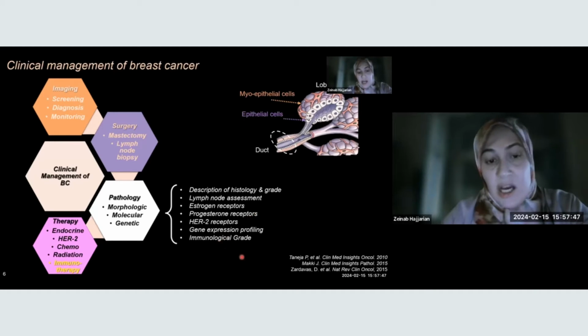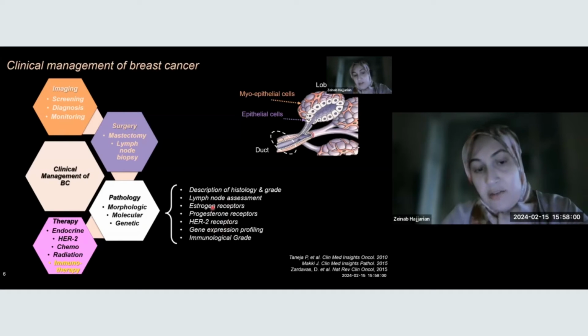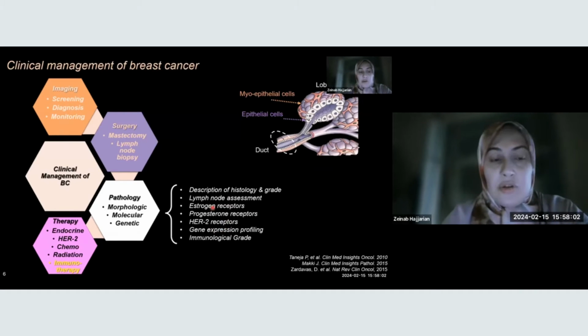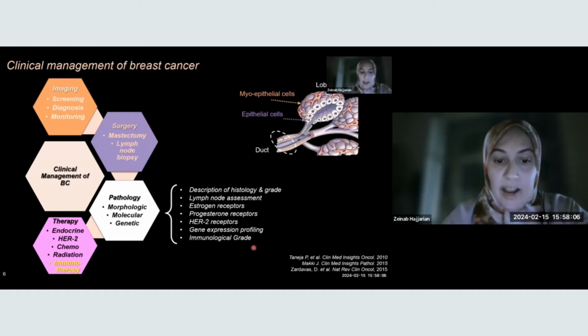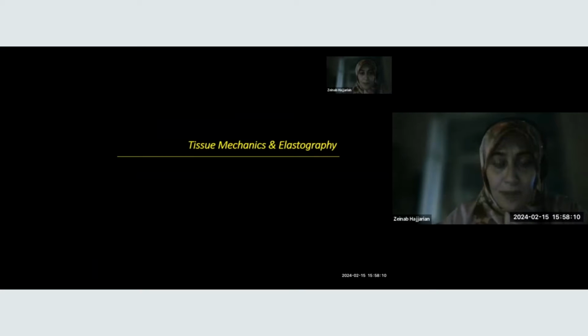So as you can see, there's a very different approach in clinical practice to diagnose, treat and monitor the treatment response, one that has nothing to do with our emerging understanding of the role of mechanical factors in the onset and progression of the disease.